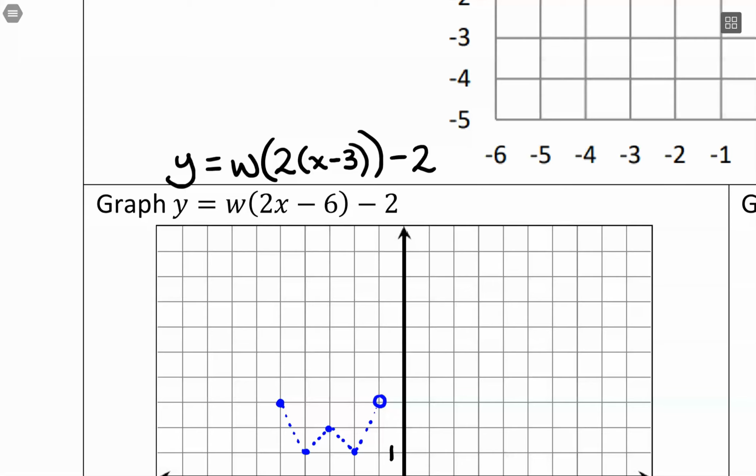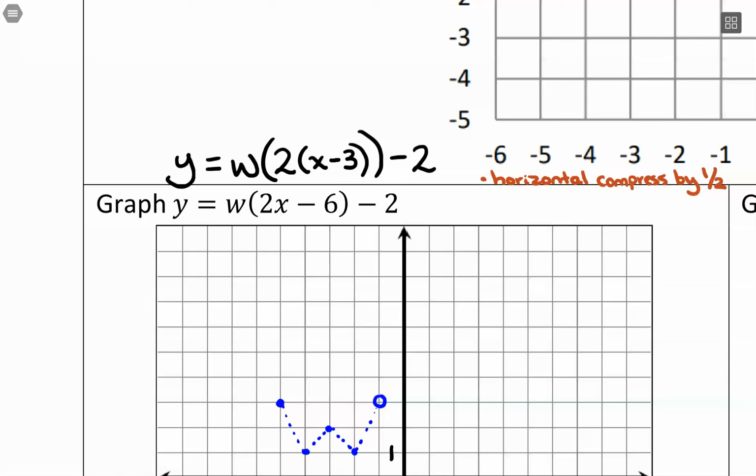Alright, so reading across my function, I don't have anything multiplying outside of the function. It's like I don't have a value for a, so I'm not going to have any vertical stretch or compression. I do have a horizontal stretch compression, and since that value is 2, so it's large, it's going to be a compression by a half.